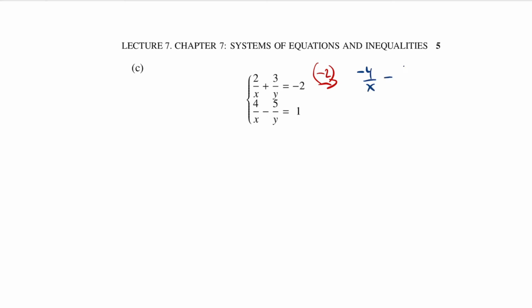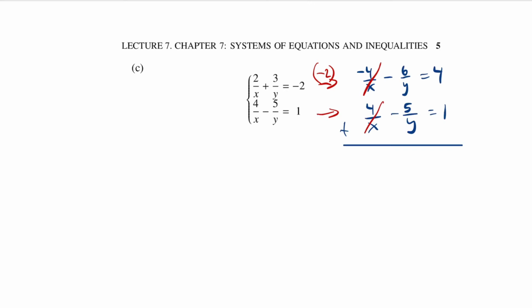So that equation becomes -4 over x minus 6 over y equals 4. The bottom equation stays the same. When we do elimination, these cancel because they're opposites, and you get -11 over y equals 5.